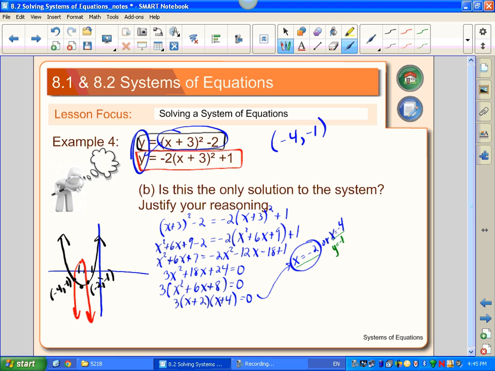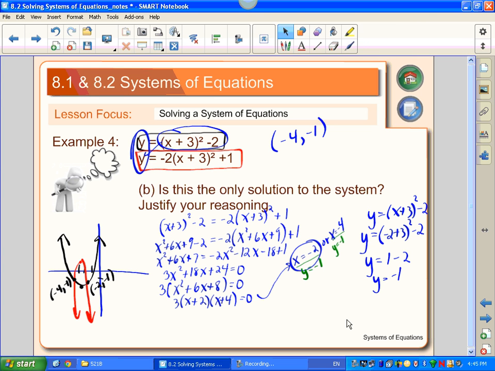So if x is -2, I'm going to go with y is equal to (x + 3)² - 2. And what happens if x is -2? -2 plus 3 is 1. 1 squared is 1, minus 2, so y is -1. So we also know that.